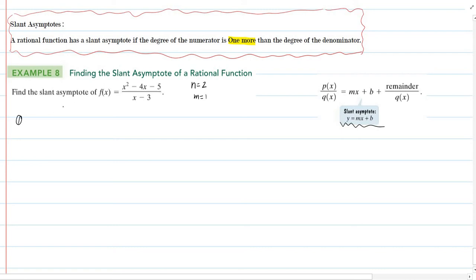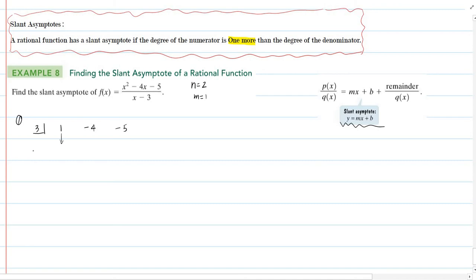If we have something like this, all you have to do is use synthetic division, which is the easiest one. If you like long division, you can use long division as well. So with synthetic division, we're going to put the 3 right here, and then we have 1, -4, and -5.